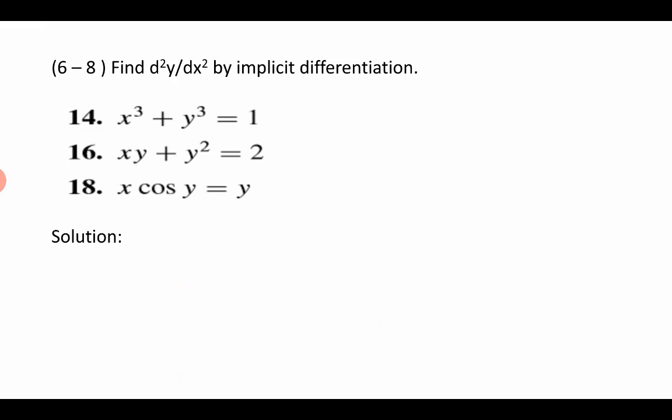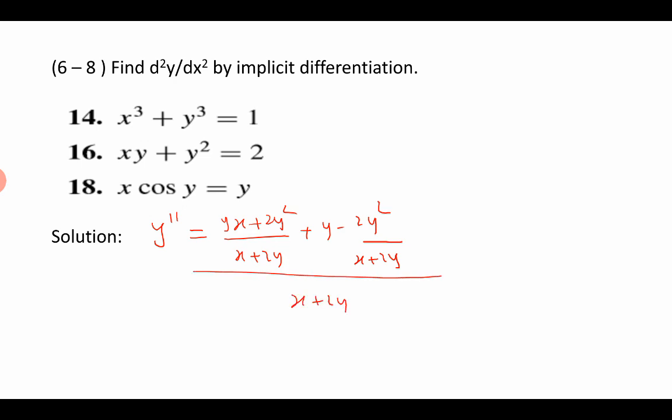What's our y double prime now? y double prime is equal to x plus xy plus 2y square divided by x plus 2y, plus y minus 2y square divided by x plus 2y, whole divided by x plus 2y whole square.